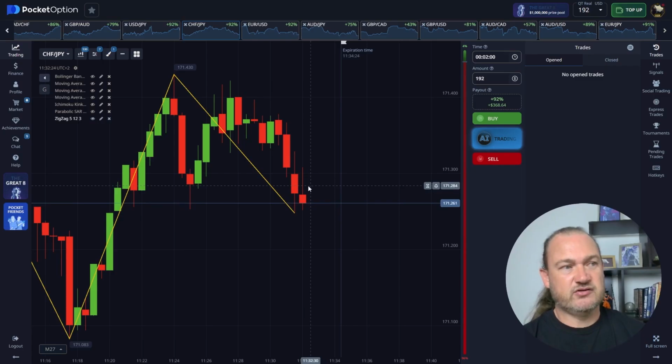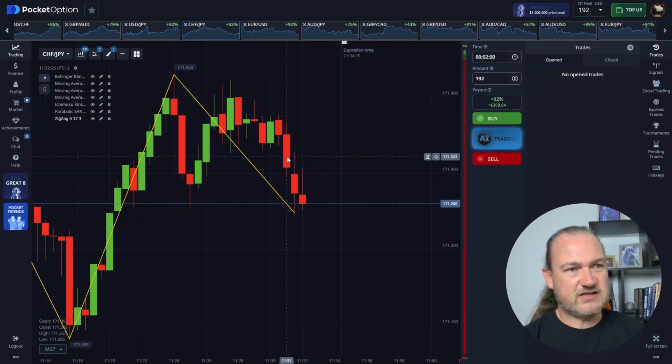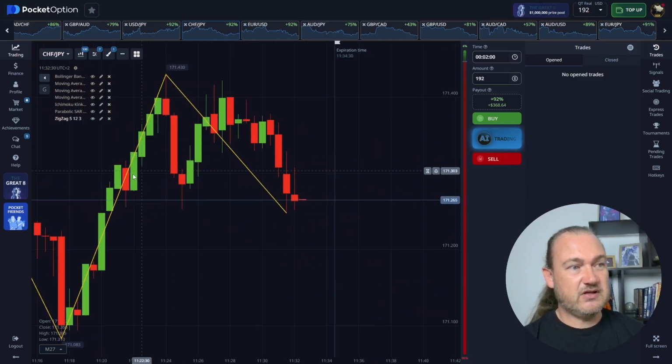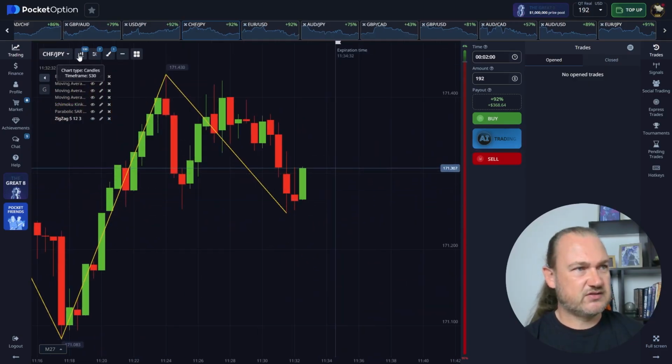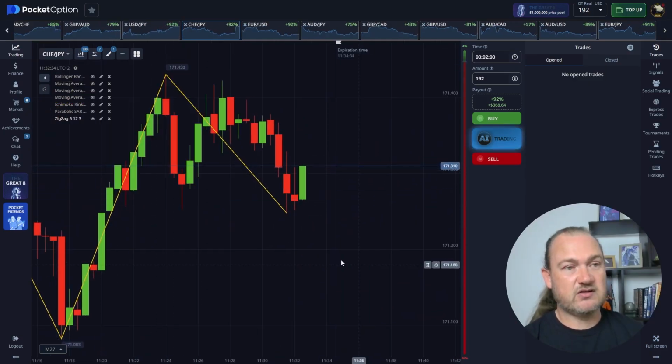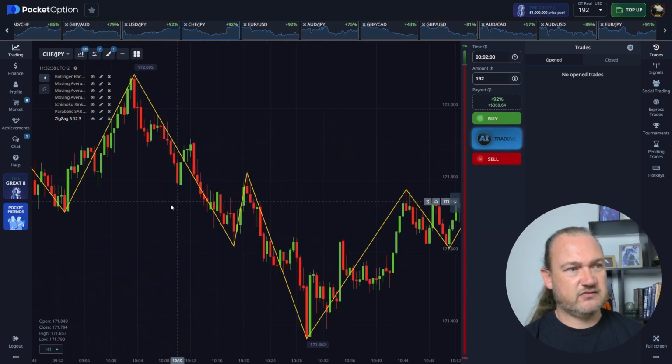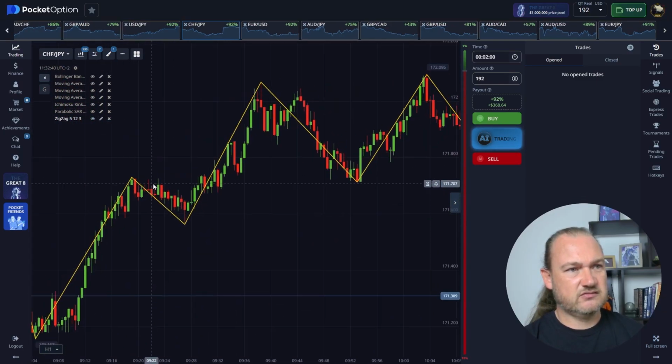One of the things I like to do, depending on the direction we're moving, let's just switch off auto scroll for a second. Let's see if we can find a good example of a long run.